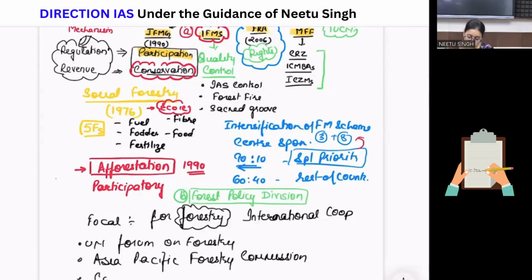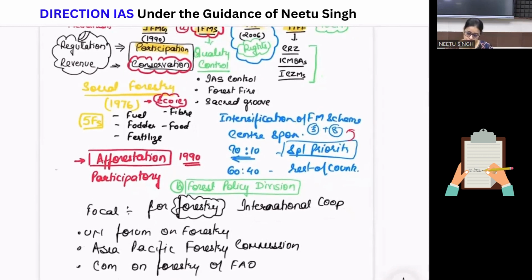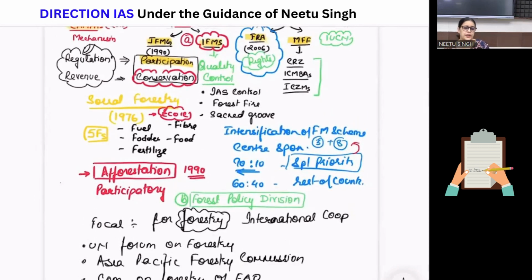It is also a member of the Committee on Forestry of the Food and Agriculture Organization. Basically, till very recent times, forest and forestry have always been distinguished. Once you have written, you just give me a go ahead, then I explain the things.